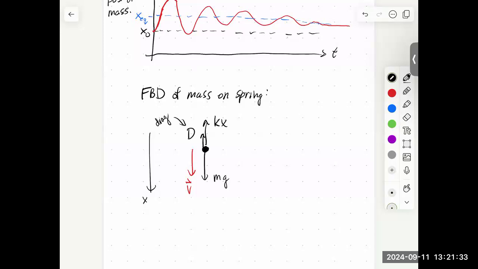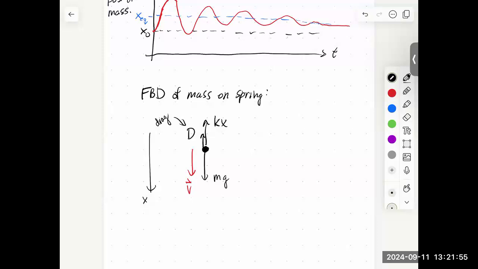Let's assume that for the sake of this argument, the density of our mass is much greater than the density of the fluid, so the buoyancy force is small. But we don't have to do that. We could include that here. I'm just not going to. But you're absolutely right, there would be a buoyancy force.